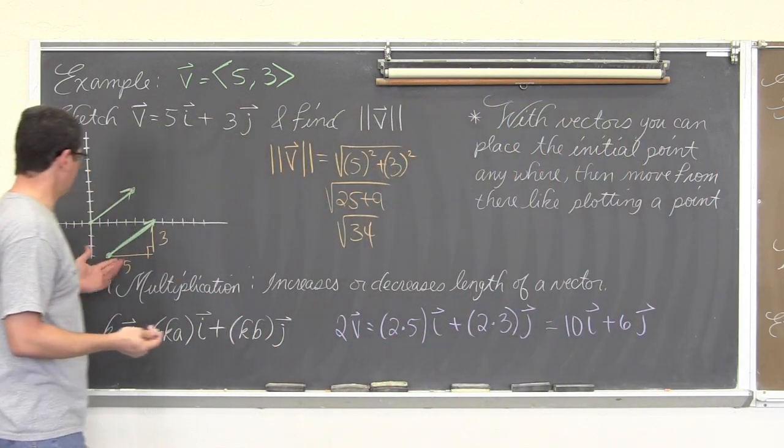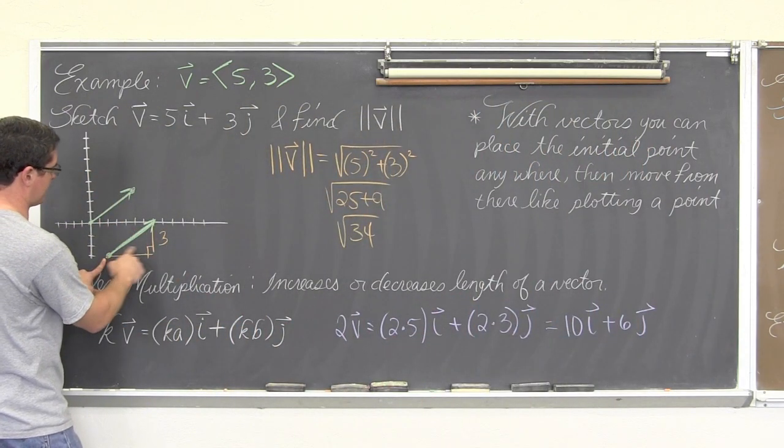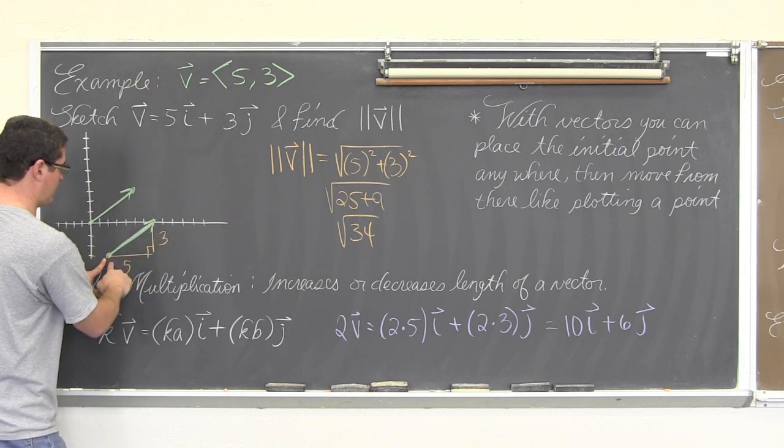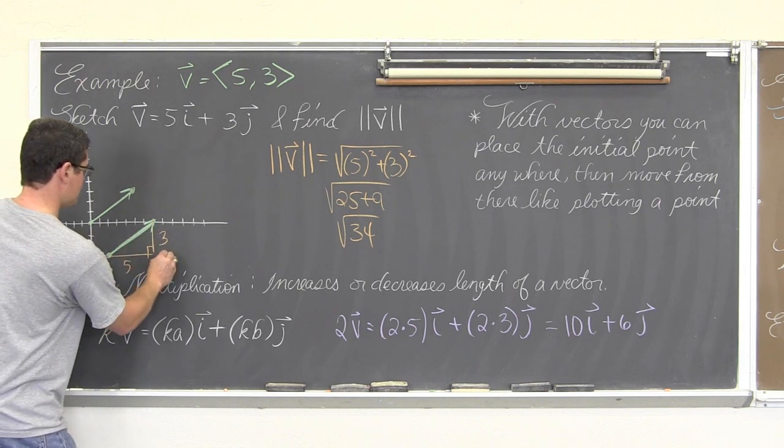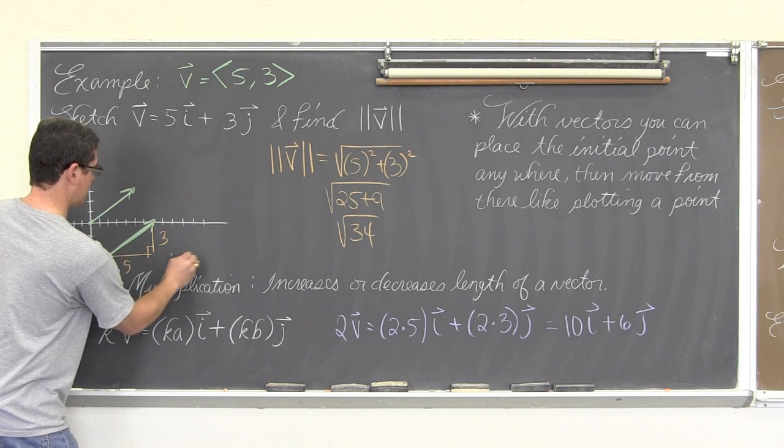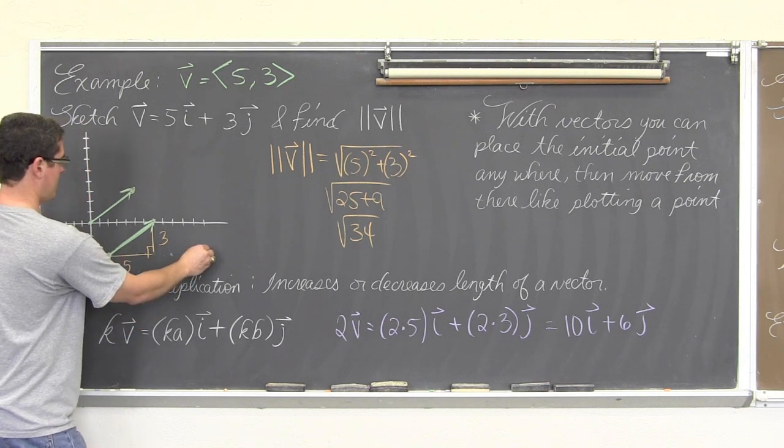And what does that do? Well, if I start from here again, instead of going over 5 and up 3, I'm going to go over 10, so 5, 6, 7, 8, 9, 10, and up 6.